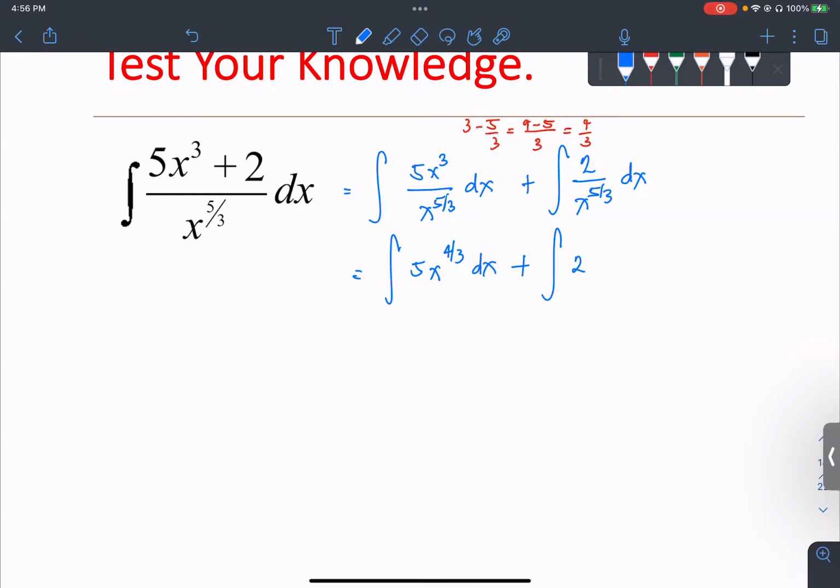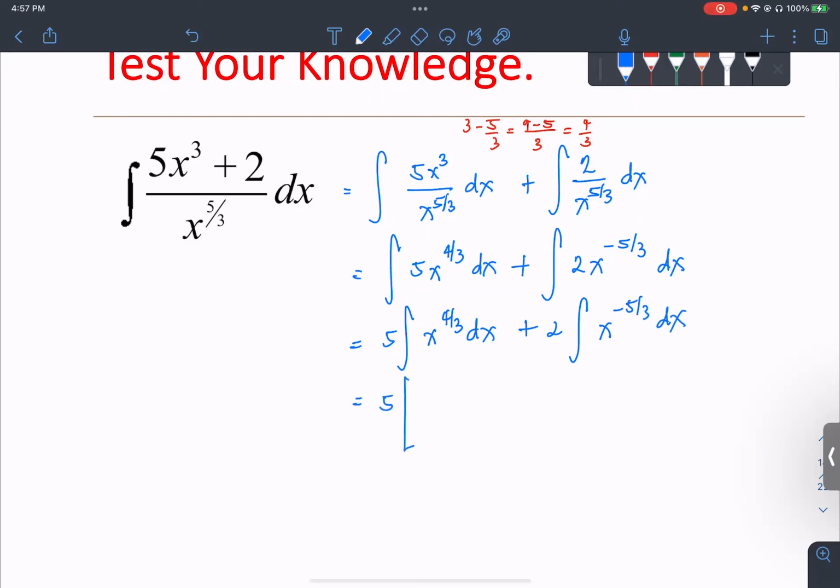So ilagay natin siya sa numerator for us to use the power rule. So that would become x raised to negative 5 over 3 dx. And afterwards, we perform 5 x raised to 4 over 3 dx, then plus 2 integral of x raised to negative 5 over 3 dx.